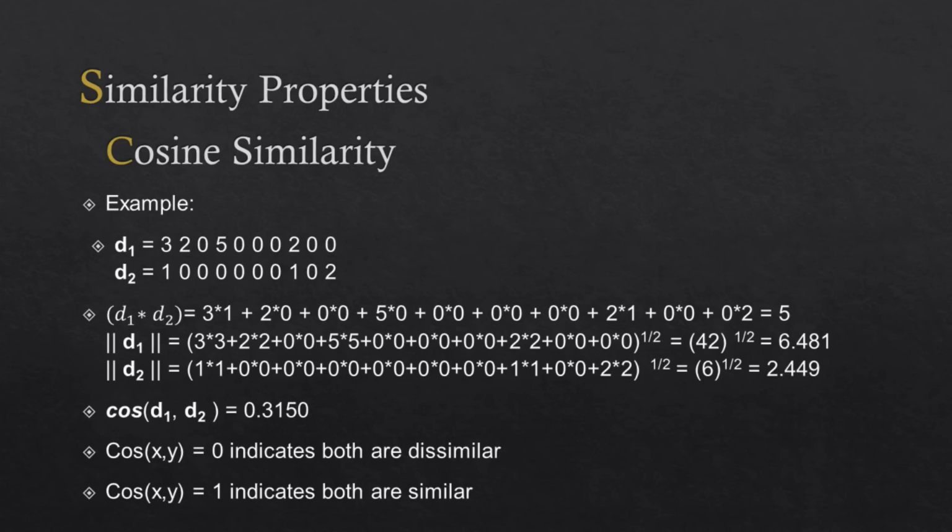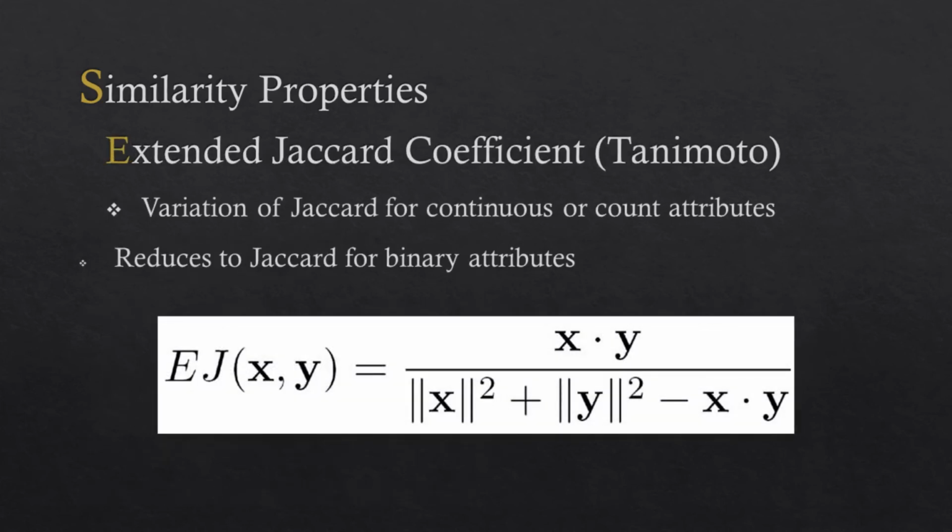Next naman ay extended Jacquard coefficient o tinatawag na Tanimoto. Extended Jacquard coefficient, Tanimoto. Variation of Jacquard for continuous or count attributes. Reduces to Jacquard for binary attributes. Ito naman ay variation ng Jacquard na tinatawag na extended Jacquard. Parehas lang ito sa mga unang formula na kung saan mako-compute yung similarities kapag binary attributes lang meron ng isang object.